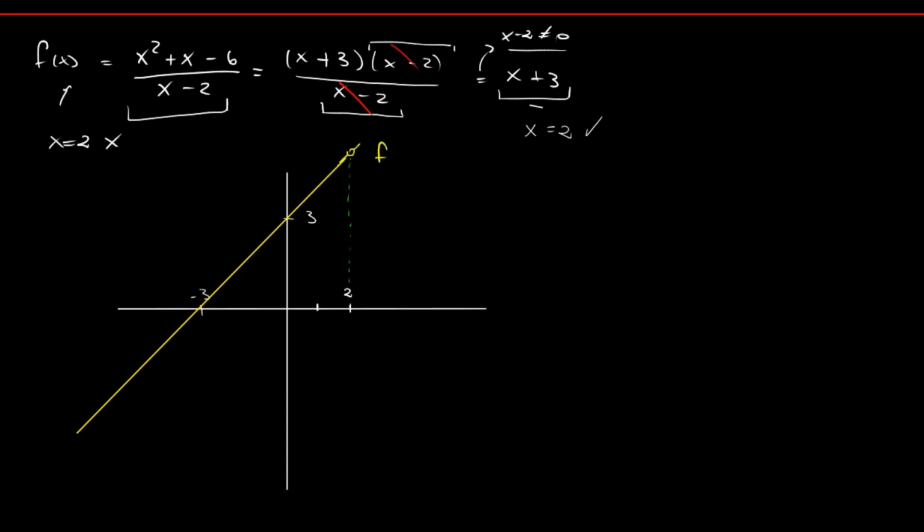G was the straight line. This is G. G was the straight line, but f has a hole in x equals 2, because f is not defined for x equals 2, because then the denominator would be 0. So this is something to watch out when we work with rational functions.